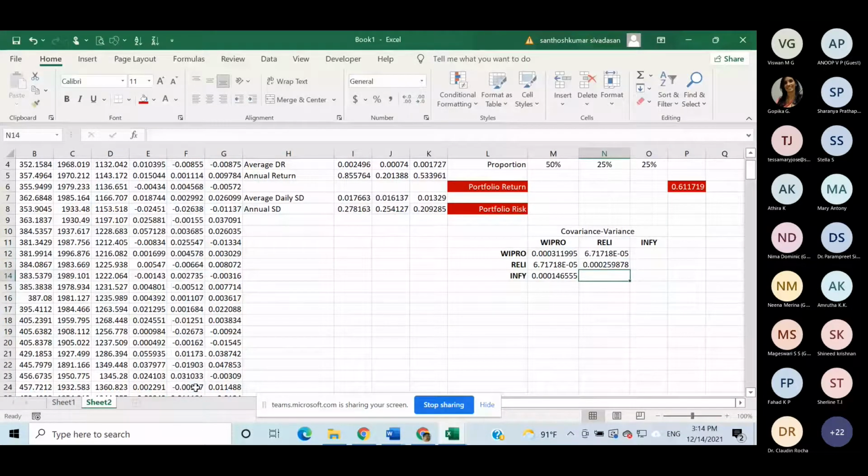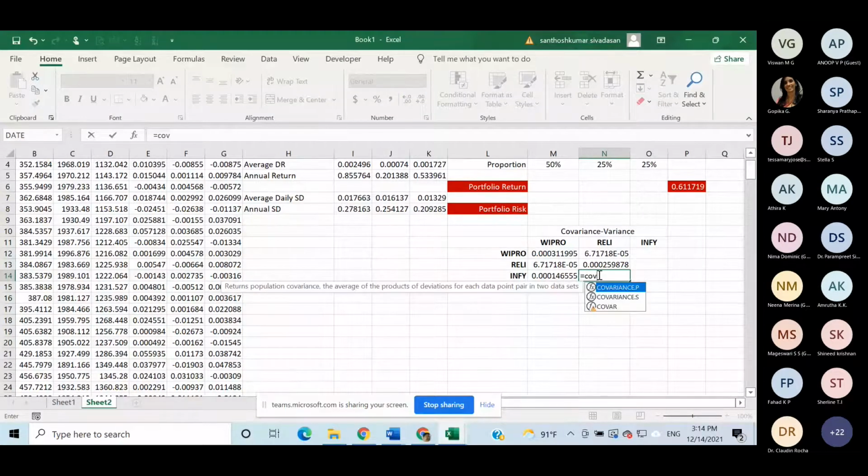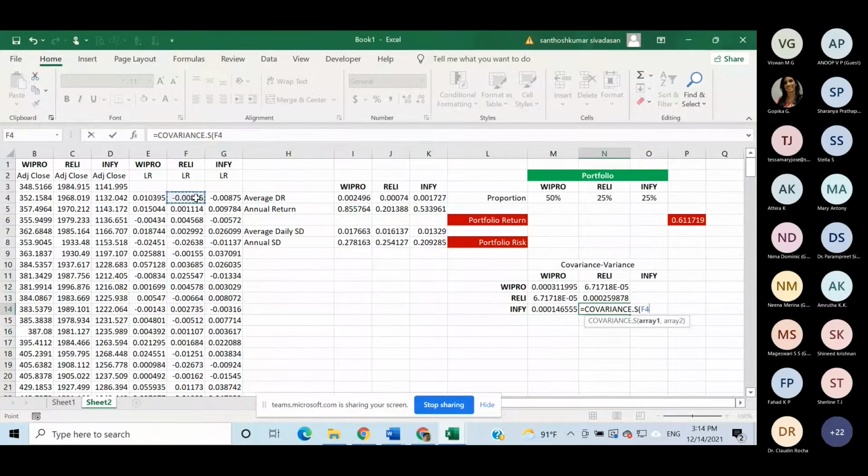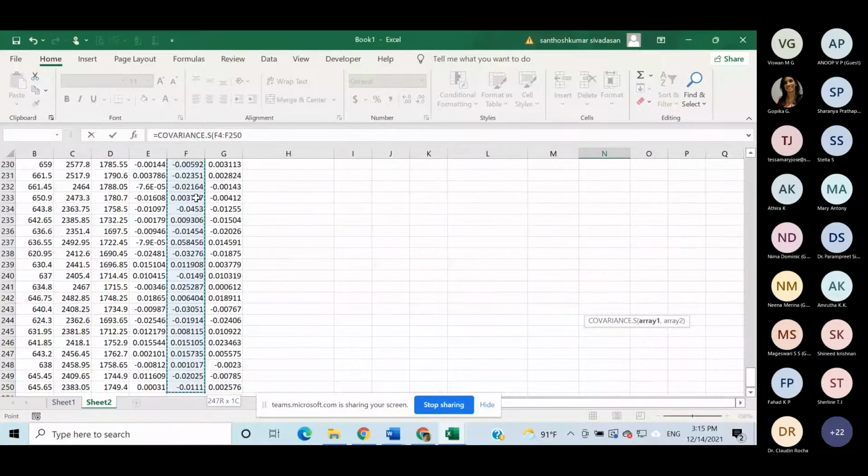So this is Reliance, and this is Reliance Infi. It is covariance is equal to covariance. So it is Reliance Infi. Reliance this, Control Shift down arrow, comma.